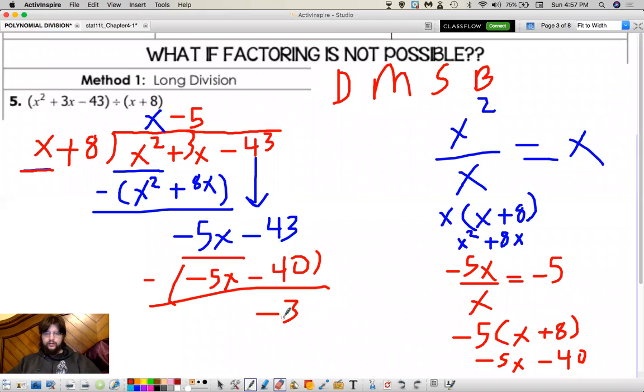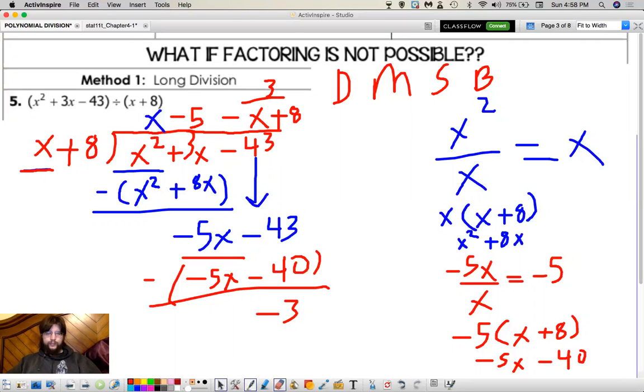This is our remainder. We put it over our divisor. It's negative, so you could either do the plus and then negative 3 over x plus 8. That's fine. I like to do personally just whatever sign it is. It's negative 3 over x plus 8. And that would be our answer. That's it. It's the same exact thing you did in 6th grade, just instead of numbers, you got some variables in there.